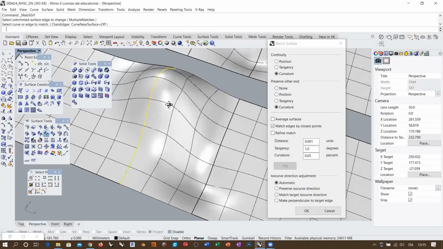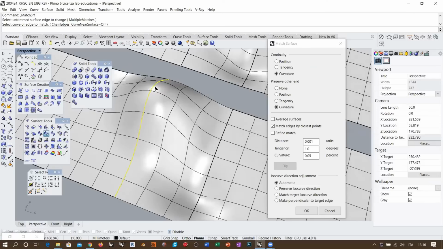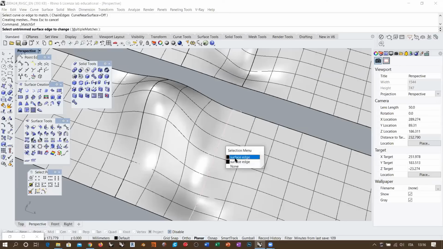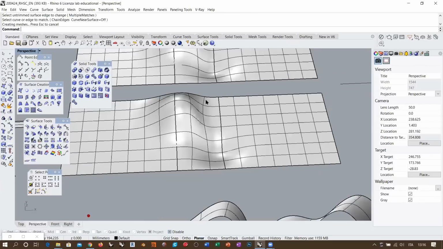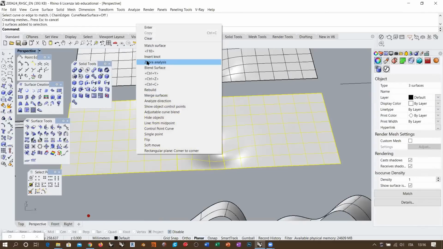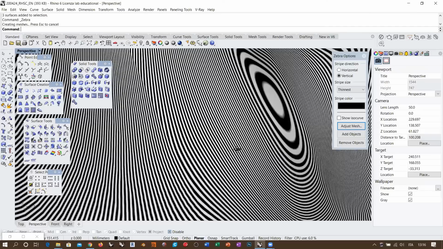Match edges by closest point, so we can simply match corresponding geometric points along the edges. Curvature, and then match this edge to this one with curvature as well. So eventually, now with the zebra analysis, we should get proper continuity.